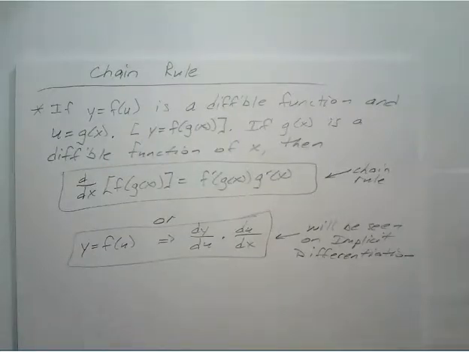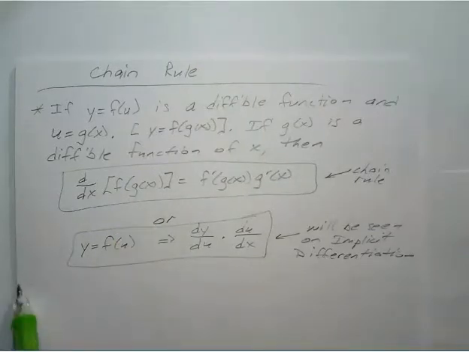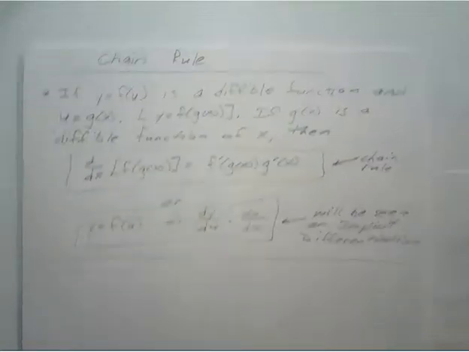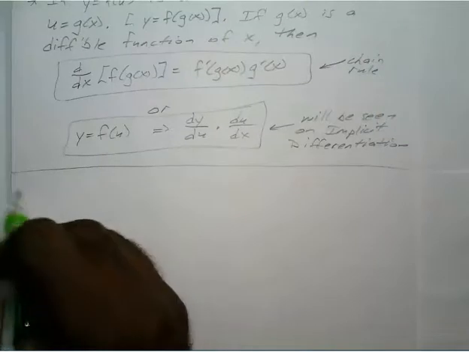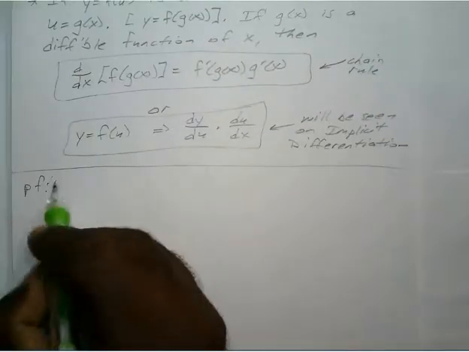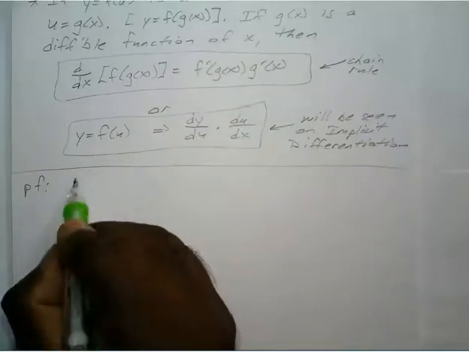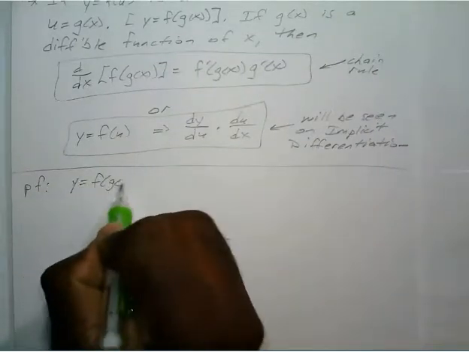Okay, now we're going to go ahead and prove that the chain rule formula is true. So what if we know that y is equal to f of g of x?